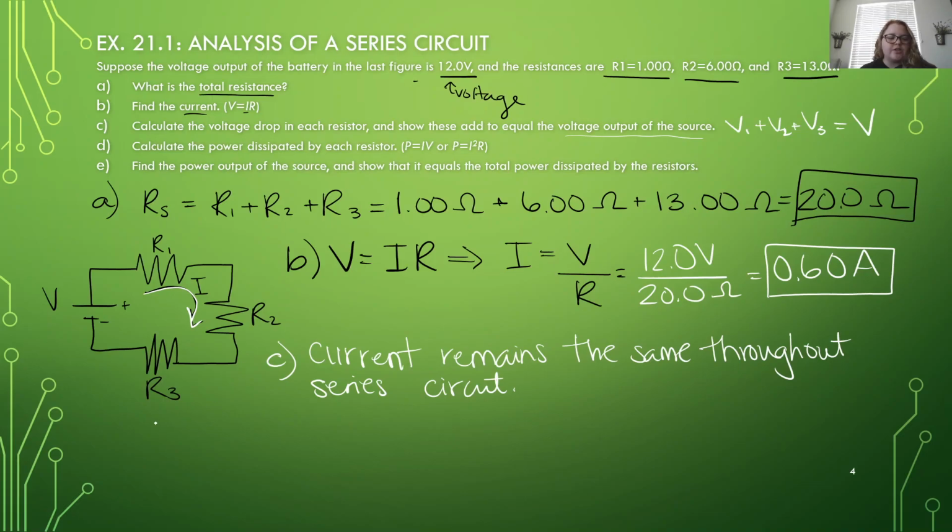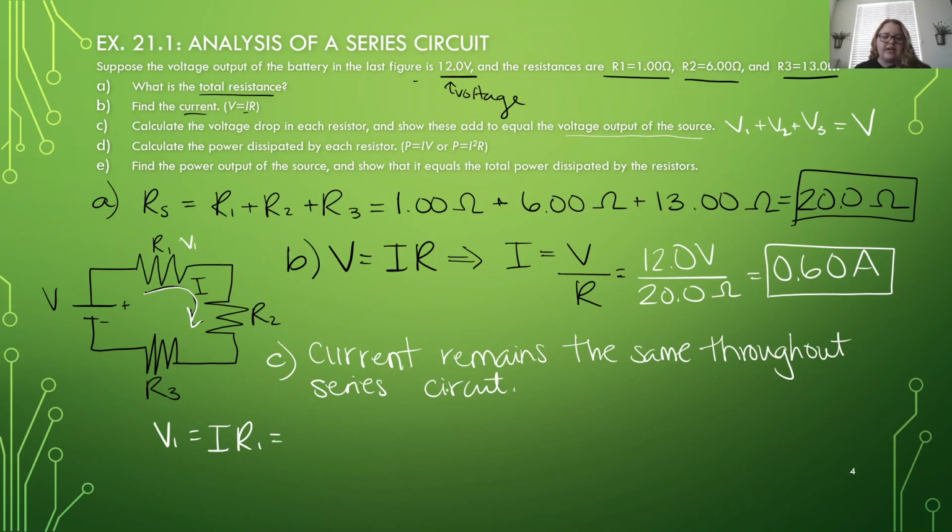Okay, so let's go with V1. So that would be V1 here. Okay, so the voltage across this guy. And I'll talk a little bit later about how we would physically find these values in practice in like a laboratory setting. Okay, so here is V1. We know that's equal to I, which is the same throughout, times the resistance of that first resistor.